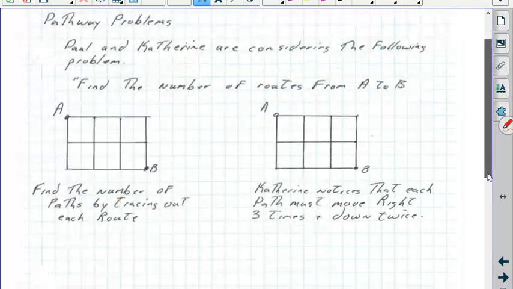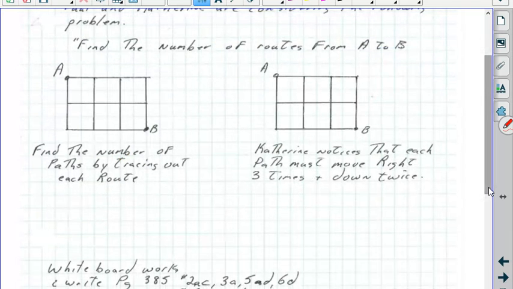We can apply this to this pathway. Okay? I want you to figure out how many ways to get from A to B, assuming you always must move in that direction or that direction. How many pathways can you find? Trace out how many paths you can find. It's a reasonable number.